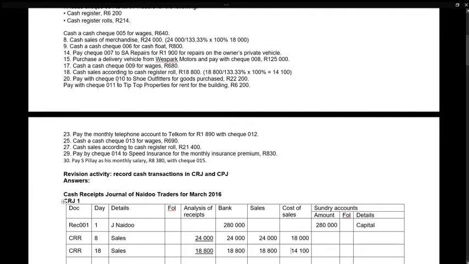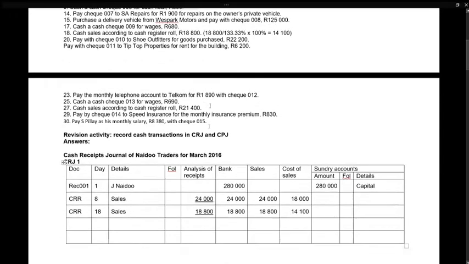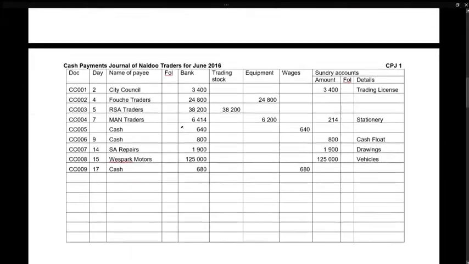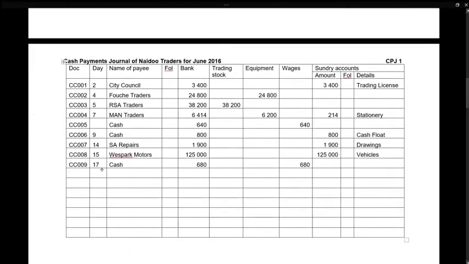Pay with check 010 to Shoe Outfitters for goods purchased, 22,200. Goods, remember, is trading stock. So let's go and fill that in. Check counterfoil 010. This took place on the 20th.